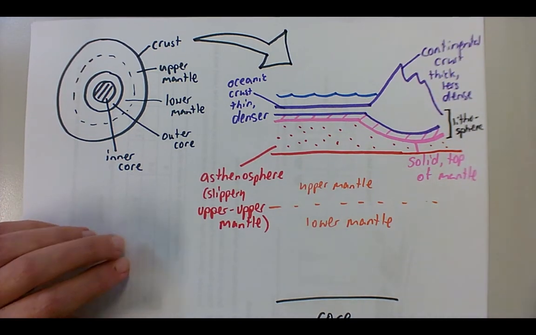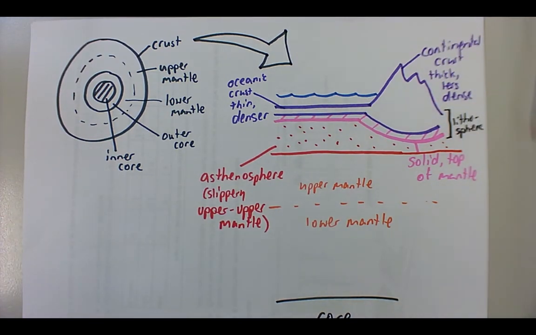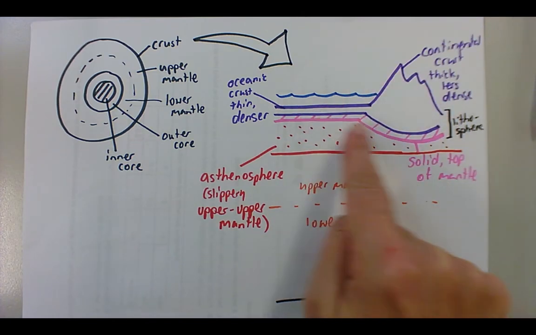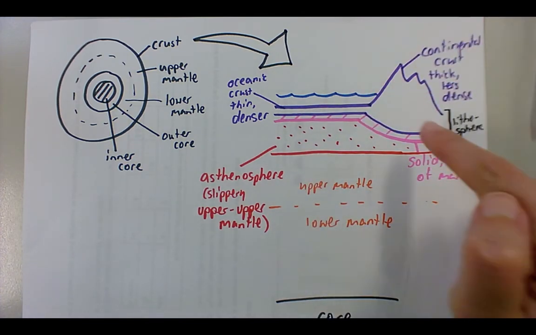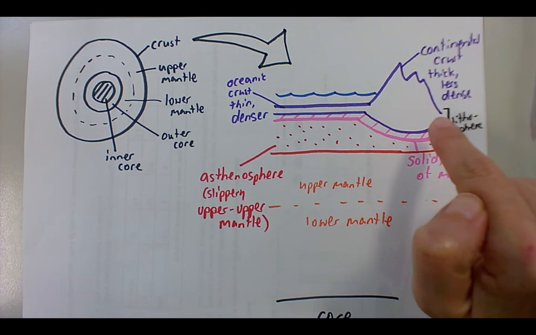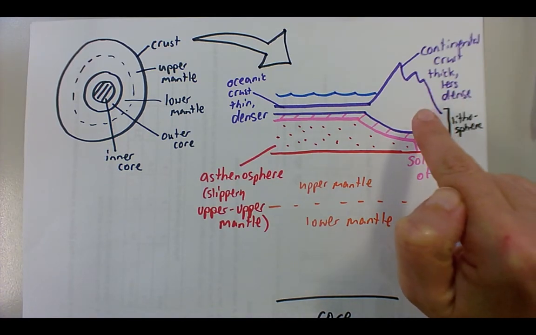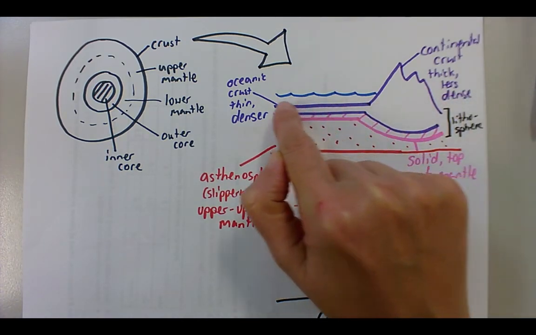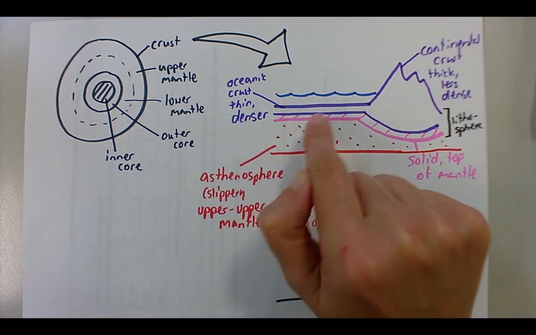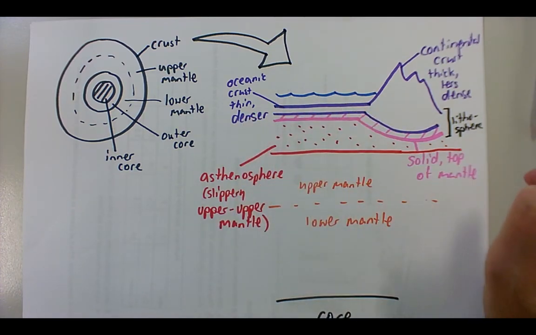Okay, so that's a quick introduction to the structure of the crust. The most important part is that you know that the continental crust is thick and less dense, that the crust extends all the way under all the oceans, and underneath those oceans it is thinner and more dense.